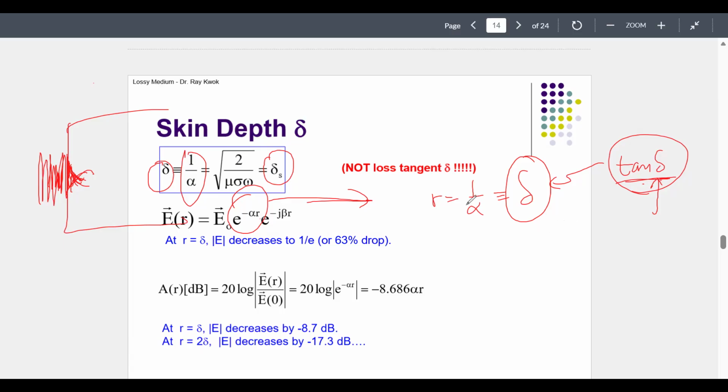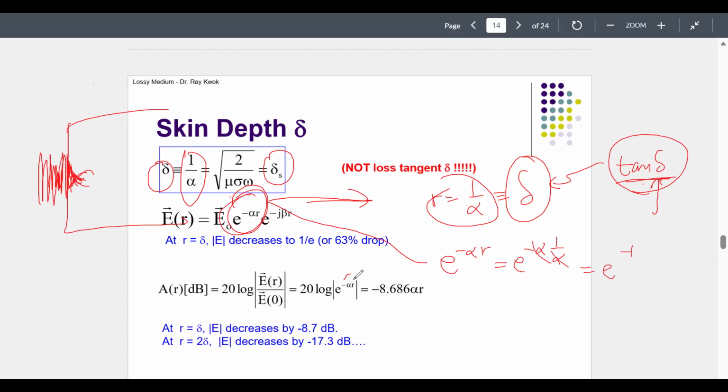All right. So what happens when the distance is 1 over alpha? Well, when I look at the attenuation, e to the minus alpha r, where r is equal to 1 over alpha, that's just e to the minus 1, right?